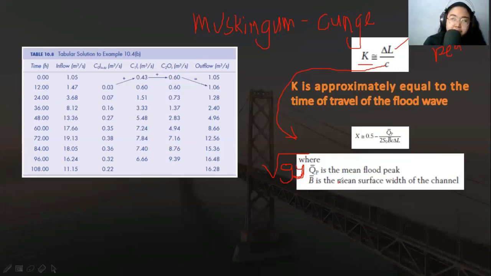However, the VPMC method is nonlinear and requires a numerical solution using a computational model. Furthermore, the VPMC method results in a small loss of volume. So, ibig sabihin, since approximation lang nga siya, mostly loss of volume talaga ang results niya.